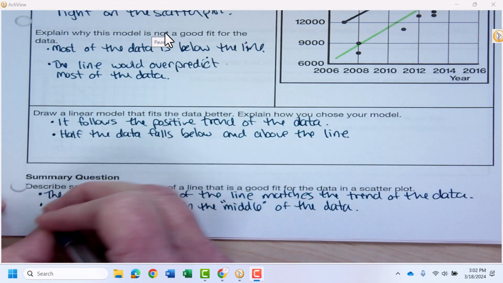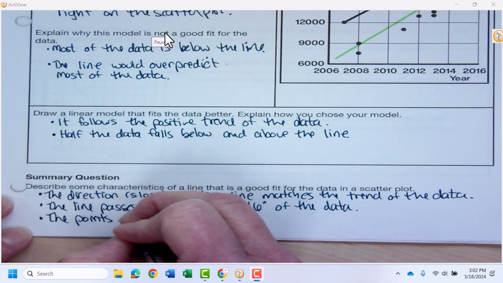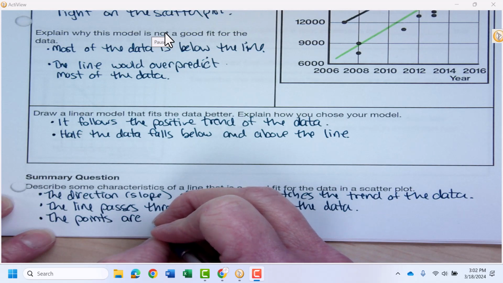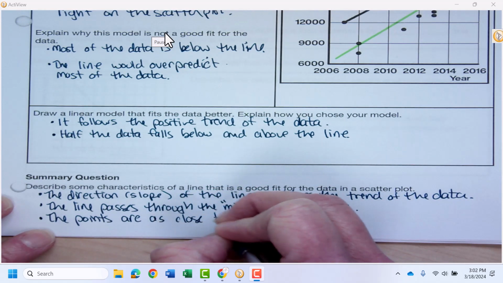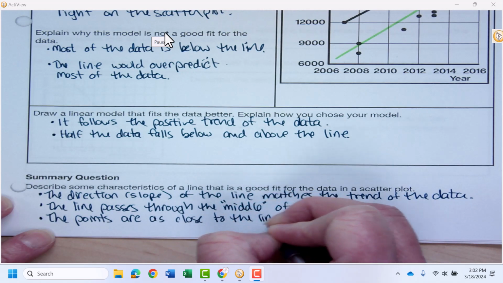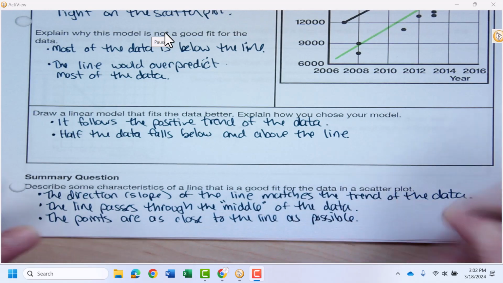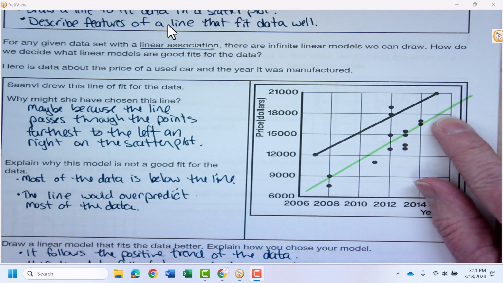That's pulling together both of these things: as many points as possible are as close as they can be to the line. So those are the features that we'd like for our lines of fit to have.